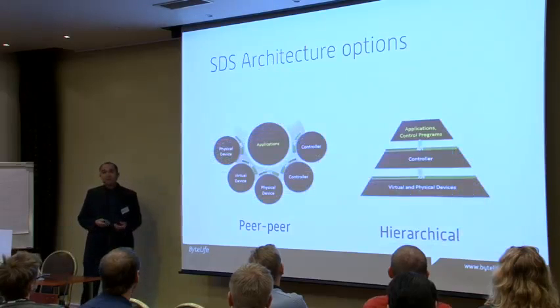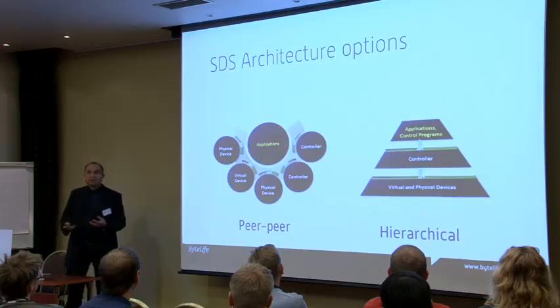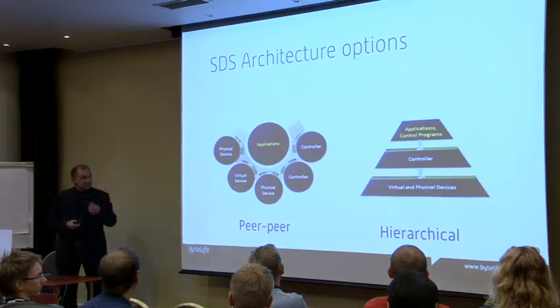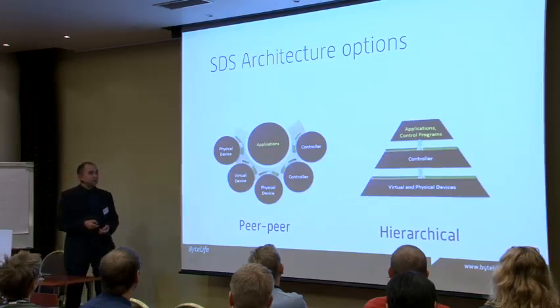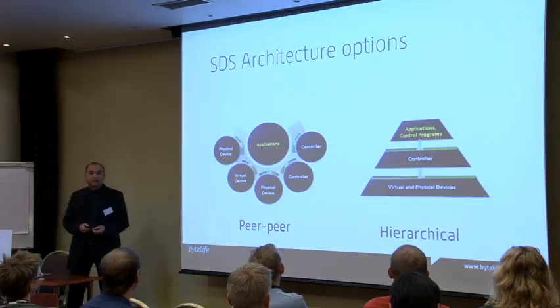So if you have a look at different architectures which we can use to build the ideas we had, there are basically two kinds. The first one is hierarchical, very simple. You can see it on the right-hand side.